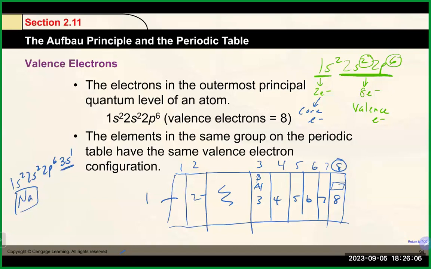It would be 1, which is this guy on the 3rd energy level, right? And sodium is over here, right? Group number 1, so it has 1 valence electron. So a really quick way to figure out valence electrons is it should equal the group number. Those are definitely important electrons, as we'll talk about in the next chapter in bonding, as those are the ones that are really involved in bonding.